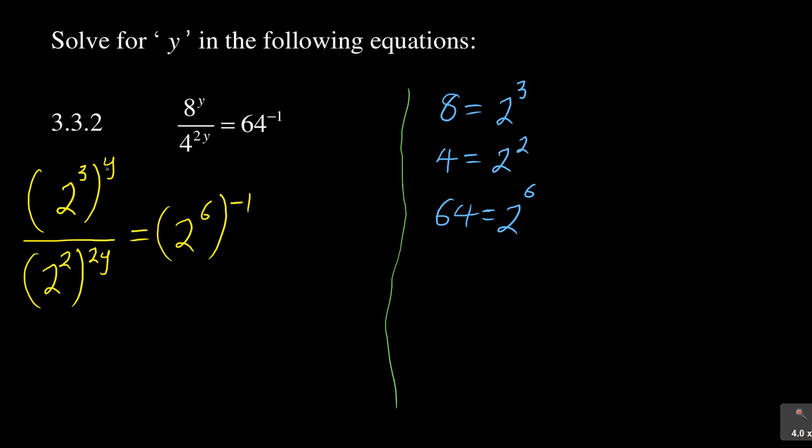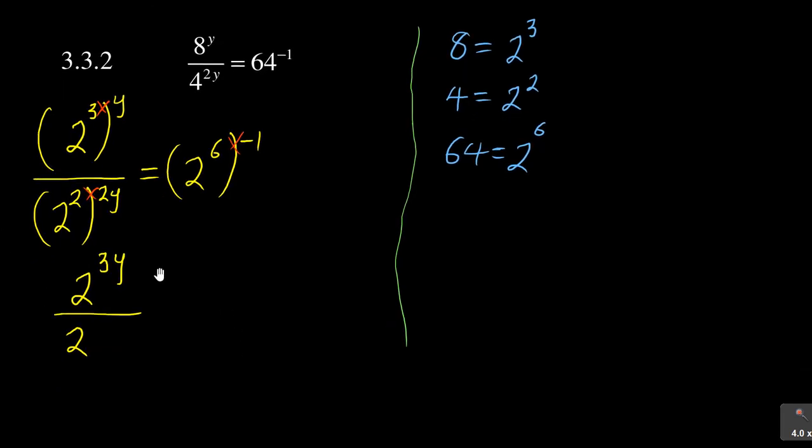And you remember these exponents simply mean they are multiplying each other like that. So you can move on to say 3 times y, this is the same as 2 to the power of 3y, over 2 to the power of, now 2 times 2 is 4y, is equal to 2 to the power of 6 times -1, which is -6 in this case.